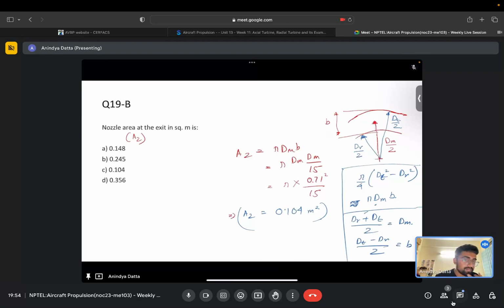What is this? A square minus b square, right? So you will get back this. So this formula is valid. All right, so I hope this is clear.